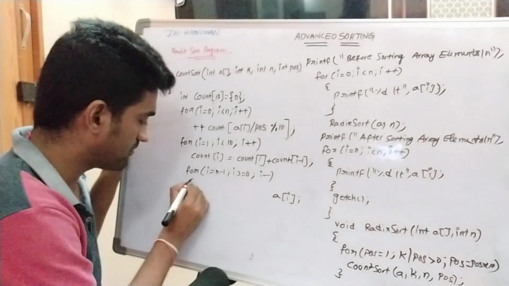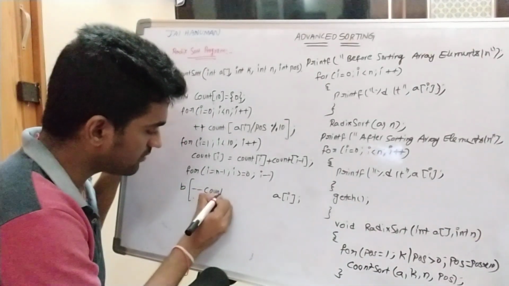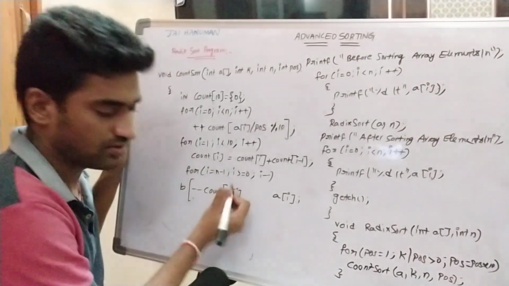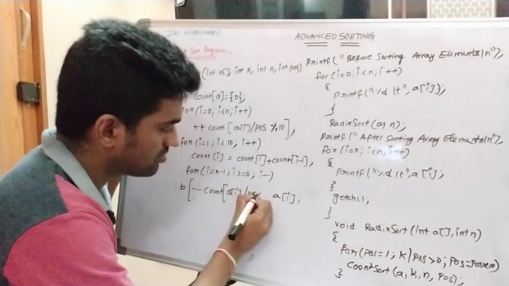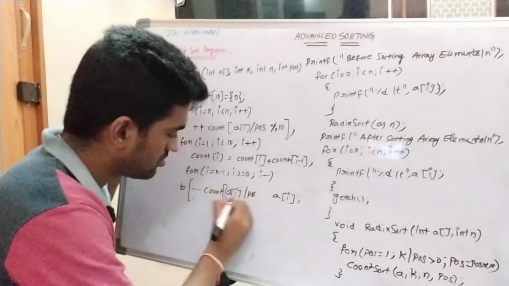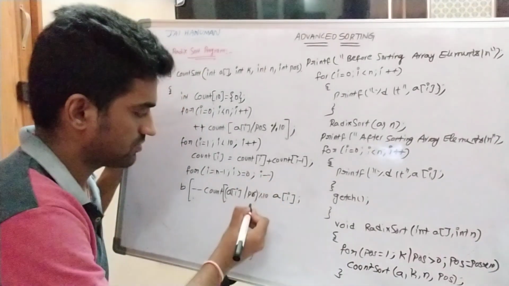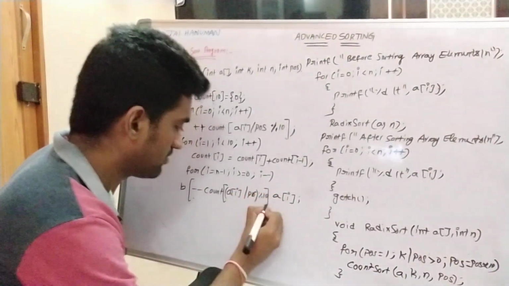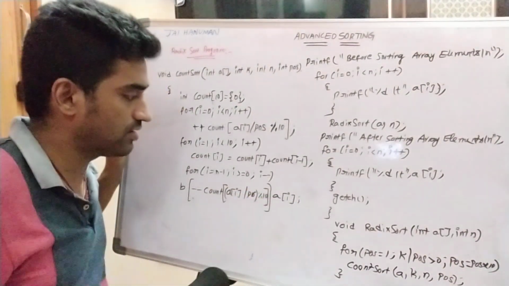So B of count of A of i divided by position, modulo division of 10, minus 1, which is equivalent to A of i.